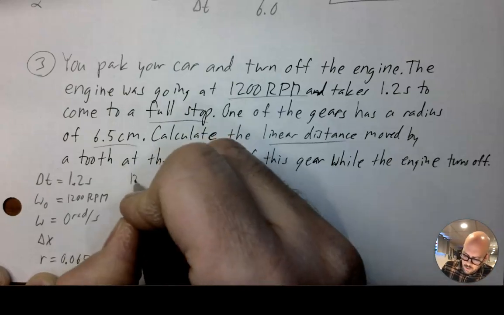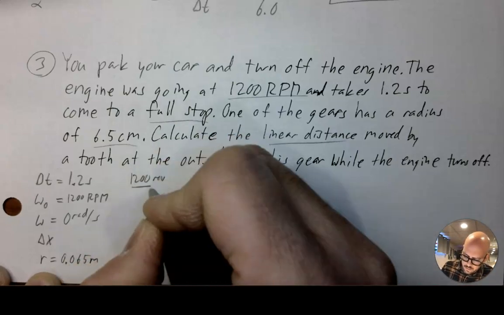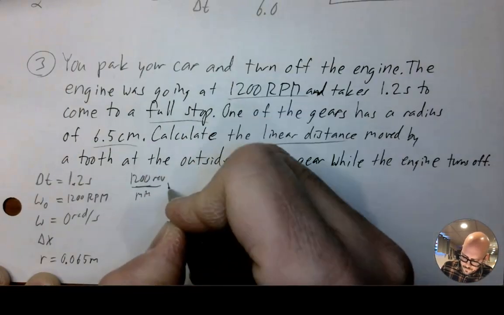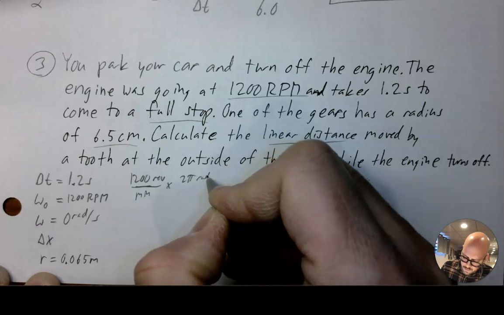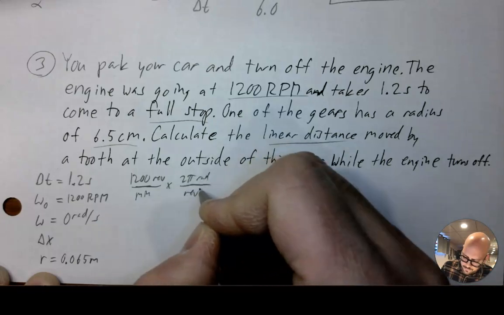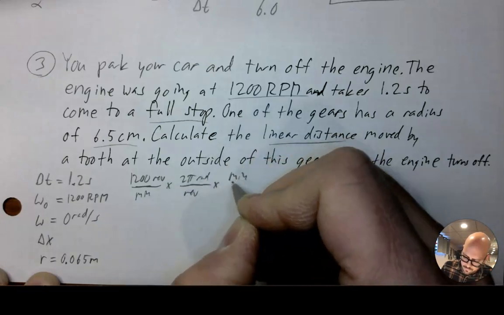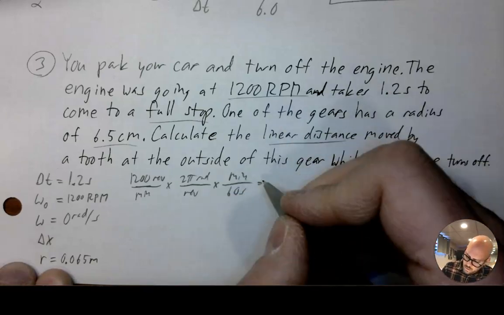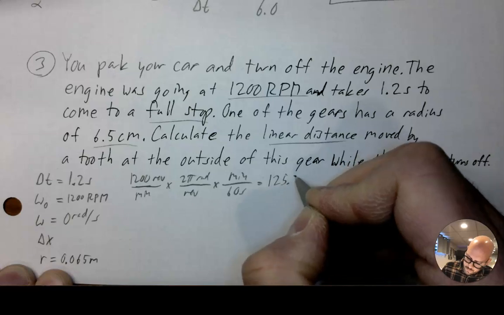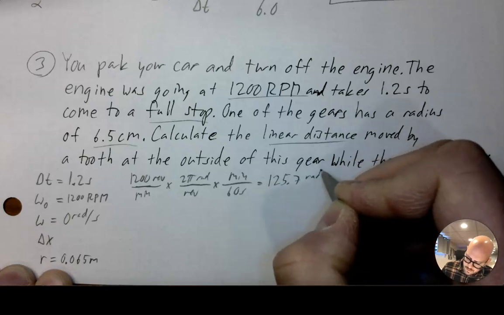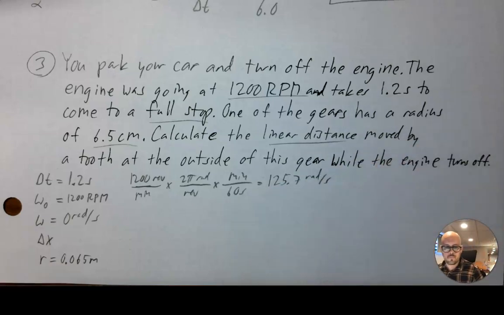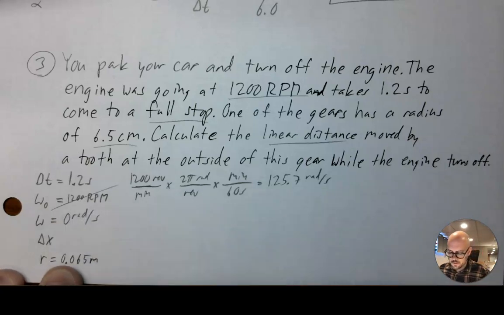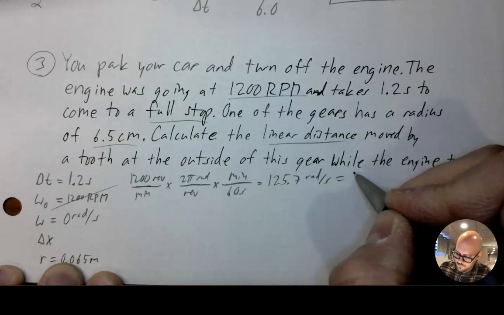I'm going to take 1,200 revolutions per minute and do the same conversion that I did in the previous problem, and that's going to give me 125.7 radians per second. Okay, so that's what I'm going to use for initial velocity. I'm going to just make a note of that.